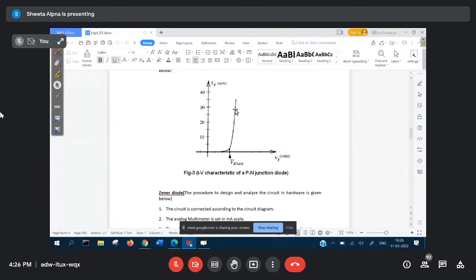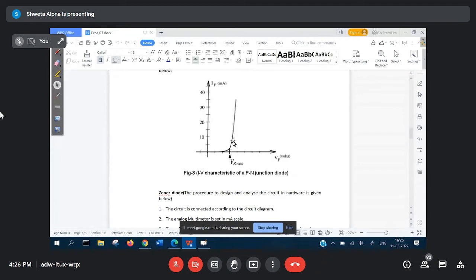The other thing about this graph is that from 0 to knee voltage, the behavior of the diode is said to be non-linear. Between 0 and V knee voltage on the x-axis, the behavior of the diode is non-linear, whereas once we have forward biased and our input voltage has overcome the barrier potential and reached the knee voltage, the current is rising sharply.